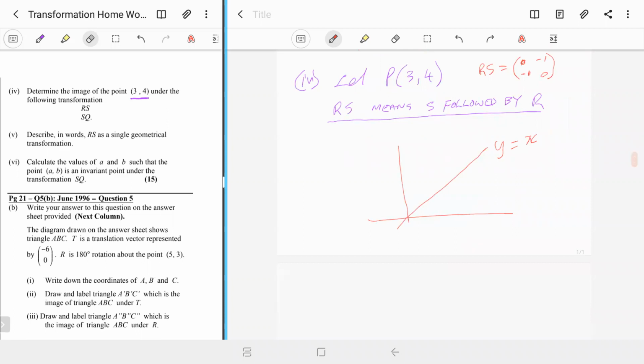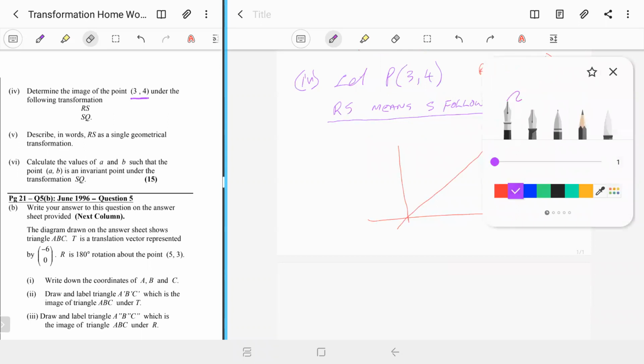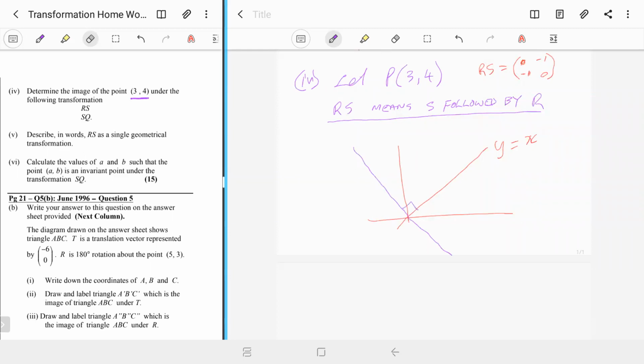Now, if my rotation is 180 degrees, it means that my other transformation is a mirror line that is at 90 degrees to that one. So the angle between my two mirror lines is 90 degrees. That is why my rotation is 180 degrees.